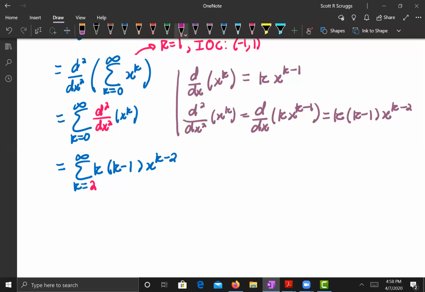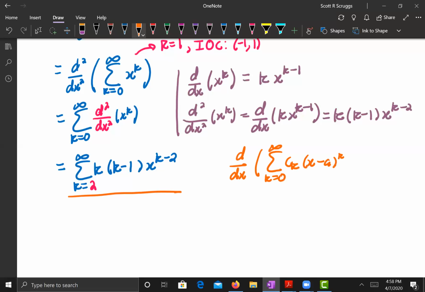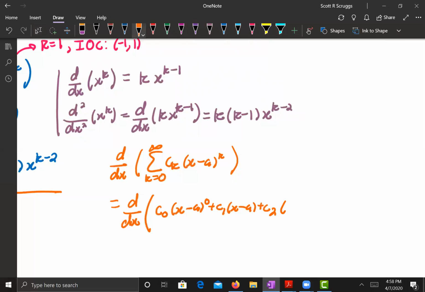The reason why we're starting at 2 instead of 0 is because when I'm taking a derivative of a general power series, if I expand this out explicitly, at k equals 0, I'll have C0 times x minus a to the 0 power, plus C1 times x minus a, plus C2 times x minus a squared, and so on and so forth.